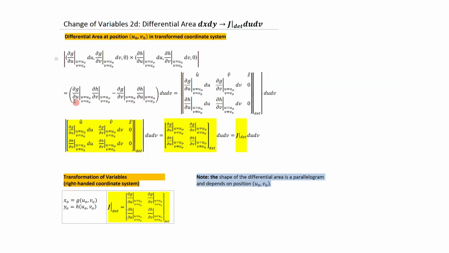I could describe it in a slightly different way: if I put things in matrix form as shown here, u hat, v hat, and z hat, and these in terms of the new basis vectors, dg/du, dg/dv, 0, dh/du, dh/dv, and 0, and then take the determinant of this matrix and take its magnitude, du dv, these two would be equivalent to each other. So essentially, it's just another way of describing it.